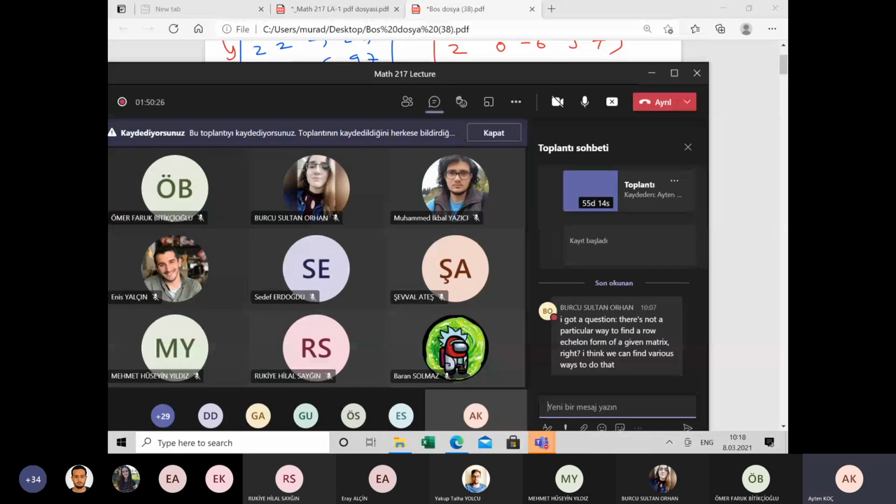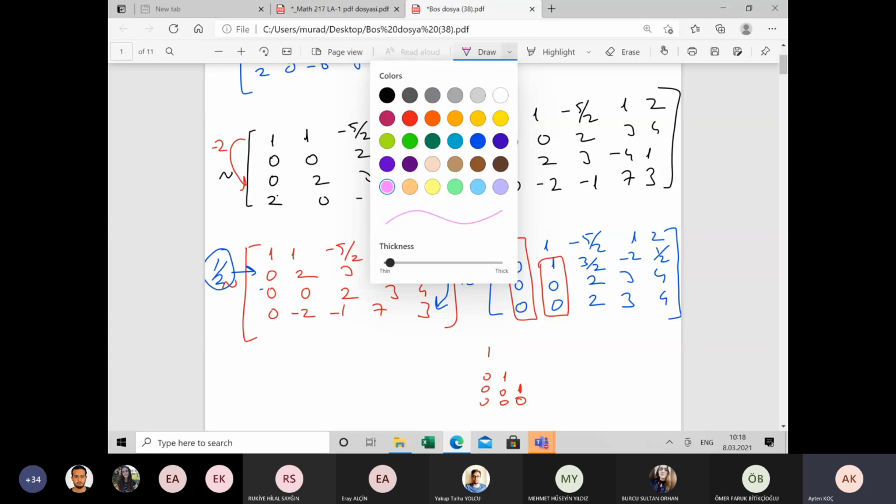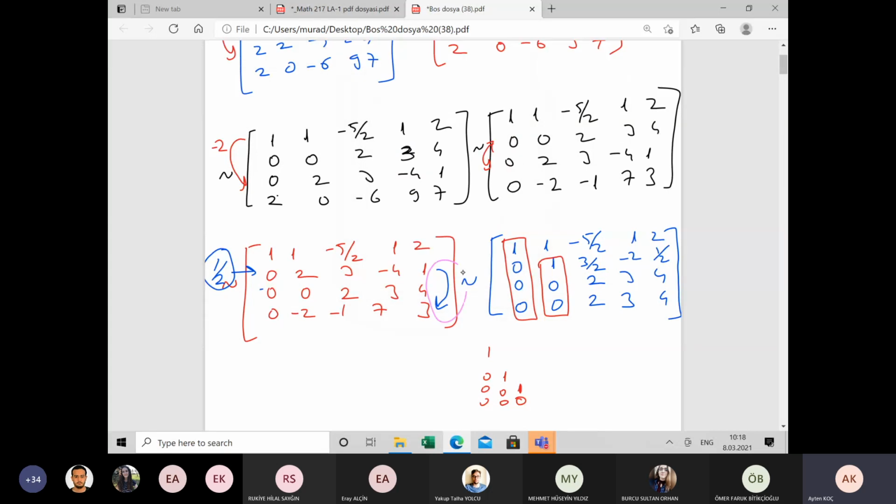Of course, and apply the same operation. It's okay. For example, here, first one, apply, for example, use a different color. And this one is to get 0 here, and then we get this one. Or apply this operation, we get this one, and take the minus 2, minus 1, 7, 3, and then apply this operation.